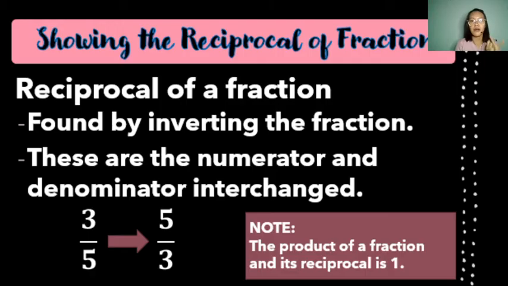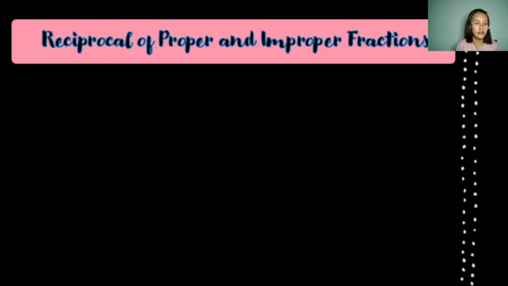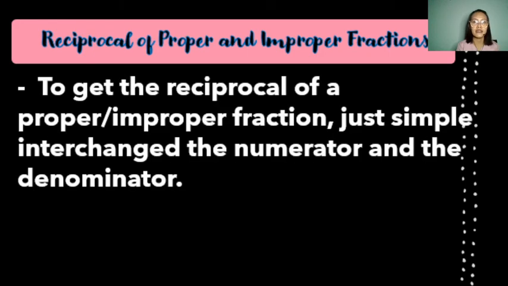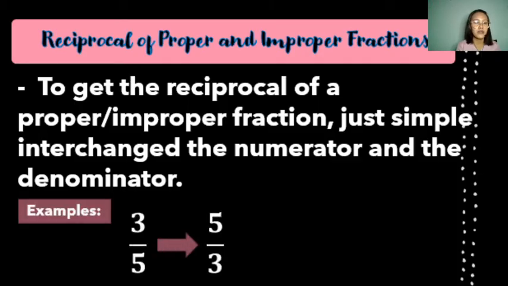Mapa-proper man, improper, mixed, o kaya naman whole number, kapag atin po silang minultiply, ang sagot lagi ay 1 or equivalent to 1. Let's say we have a reciprocal of proper and improper fractions. So, kagaya nga ng general statement natin, just simply interchange the numerator and the denominator. Example, so si 3/5, kapag kinuha reciprocal, magiging 5/3.